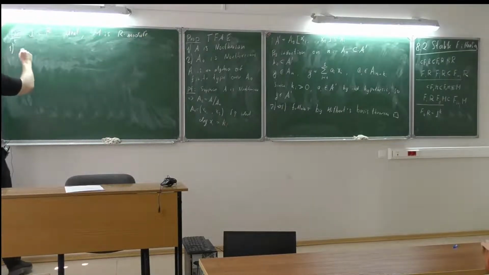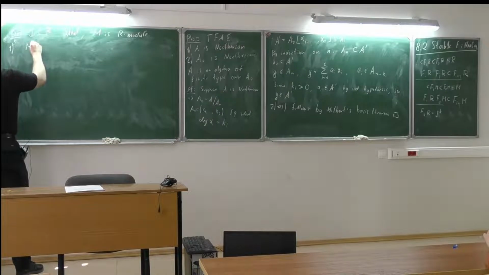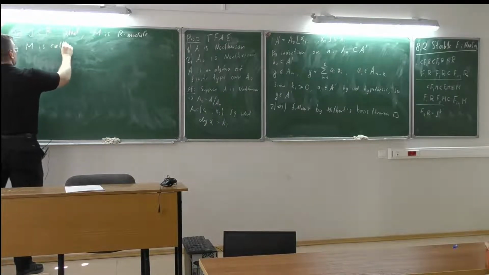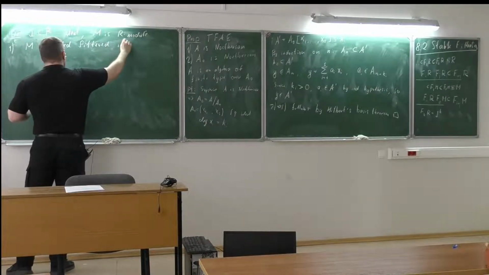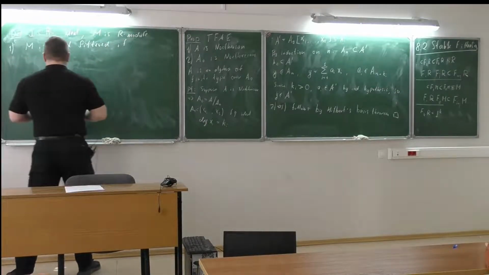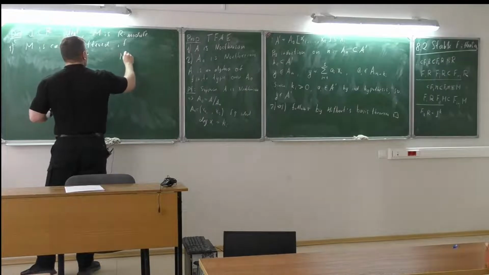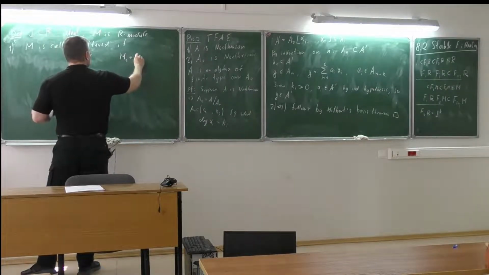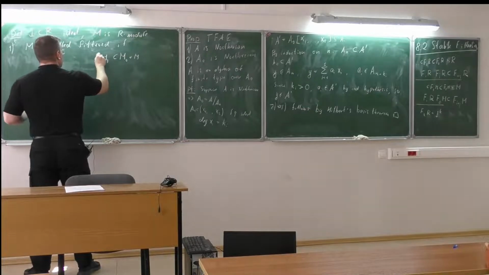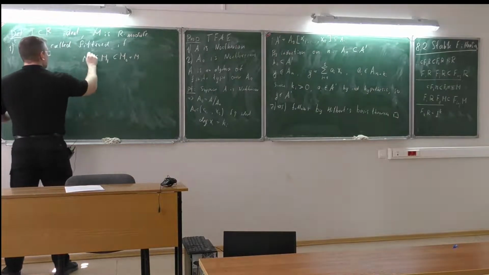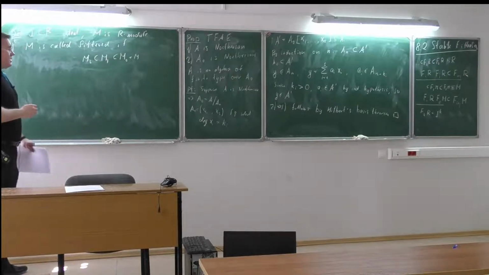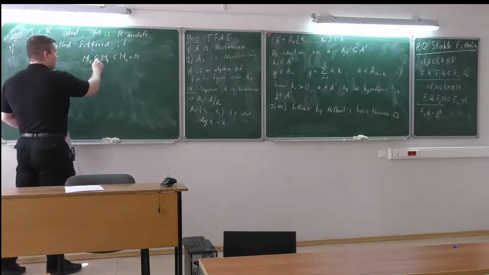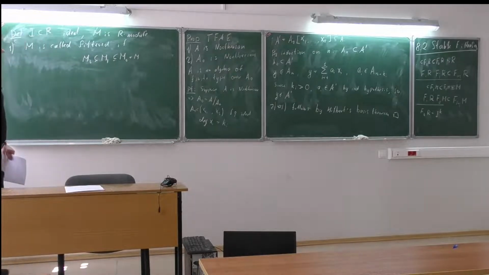First, M is called filtered if there is a decreasing chain like this. So M0 is equal to M, then inside there is M1, there is M2, etc. Now potentially, of course, it is possible that the filtration is completely trivial, so all the components are the same. And it's also true in the previous couple of definitions.